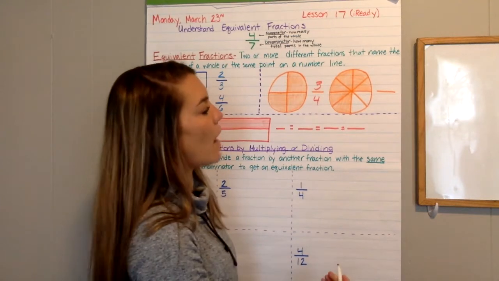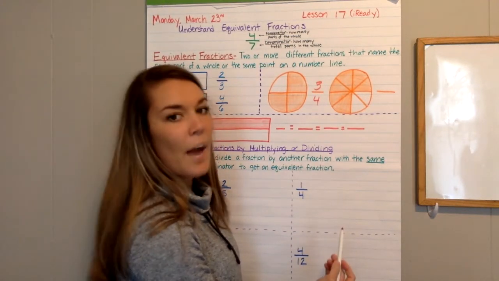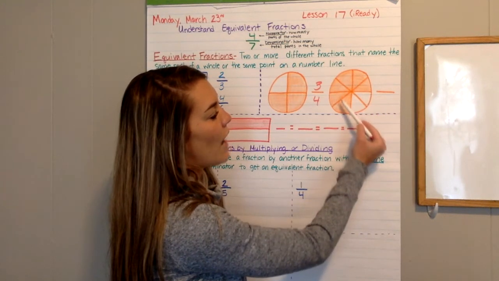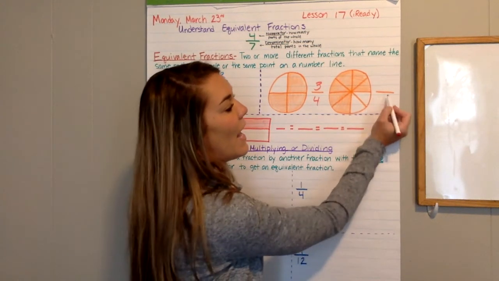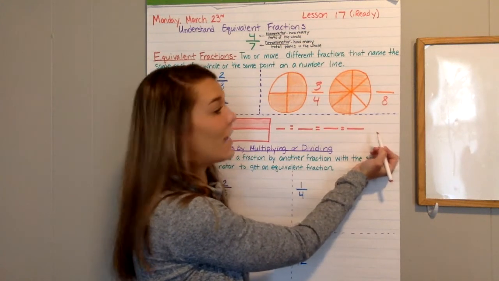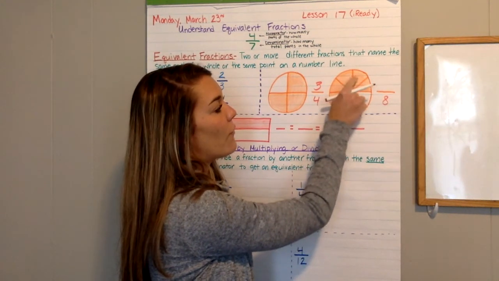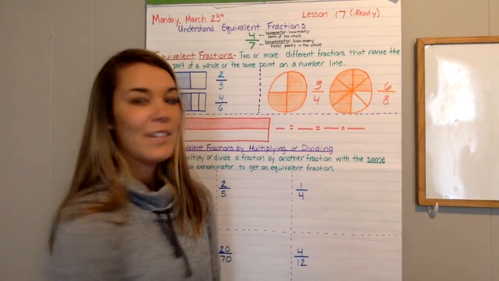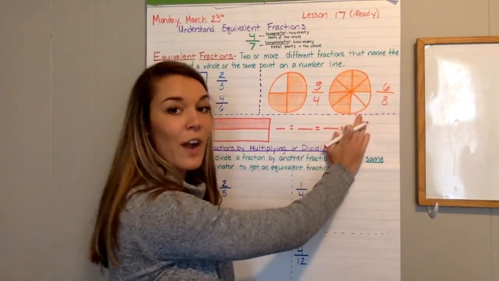In the next model, I'm wondering how many I have in total. 1, 2, 3, 4, 5, 6, 7, 8. 8 equal parts in total. How many are shaded? 1, 2, 3, 4, 5, 6. 6/8. Okay? So these also show equivalent fractions.